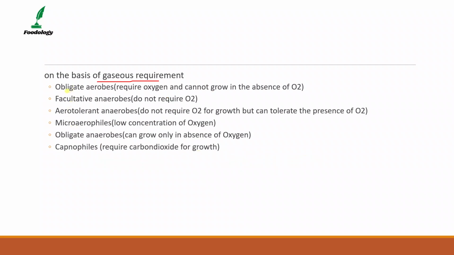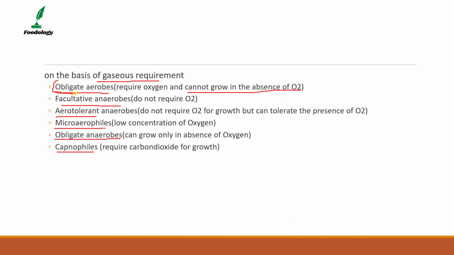Then we have classification on the basis of gaseous requirement. First, we have obligate aerobes, facultative anaerobes, aerotolerant anaerobes, microaerophiles, obligate anaerobes, and capnophiles. The first thing I want you to understand is the terminology over here. Aerobes require oxygen and cannot grow in the absence of oxygen.